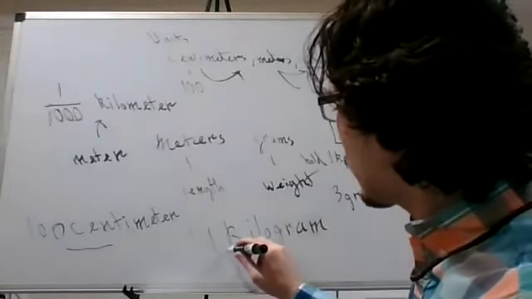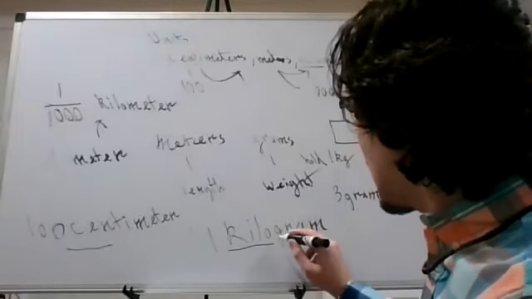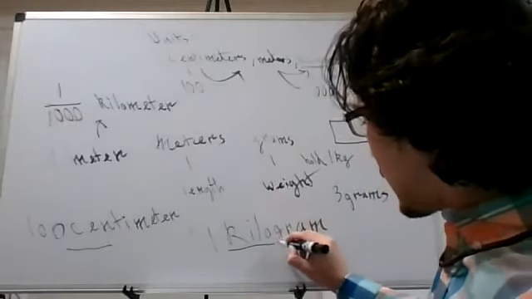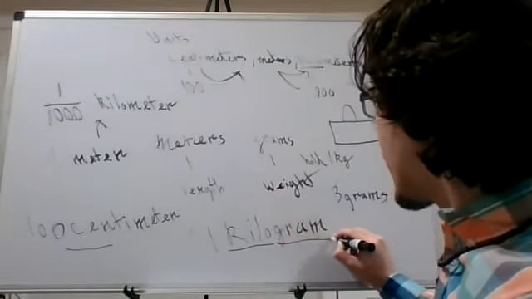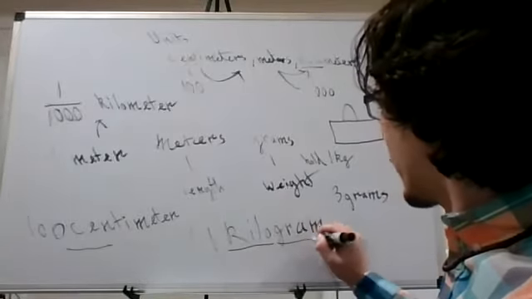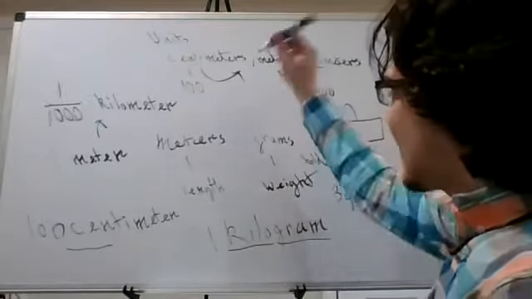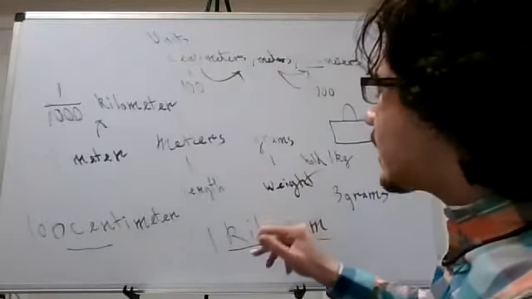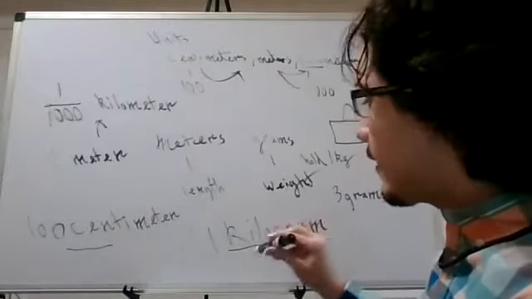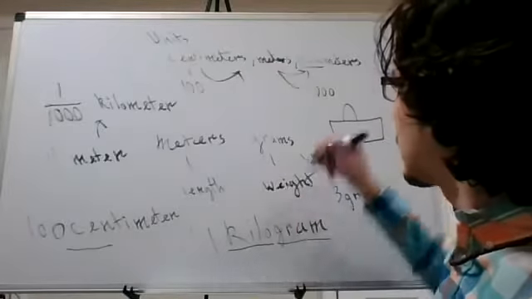You were saying that we know we have a prefix and that our unit of measurement is grams because we have the prefix in front of grams. Do we know what the prefix kilo is?